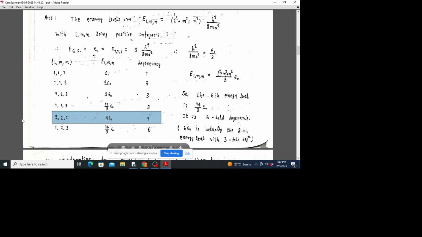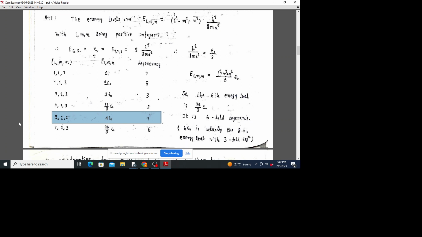Now someone was asking what about 222? So this is here. This is the fifth energy eigenvalue, the fourth excited state. The eigenvalue is 4 epsilon naught, and its degeneracy is 1, because only 2, 2, 2 can give us this 4 epsilon naught energy level.